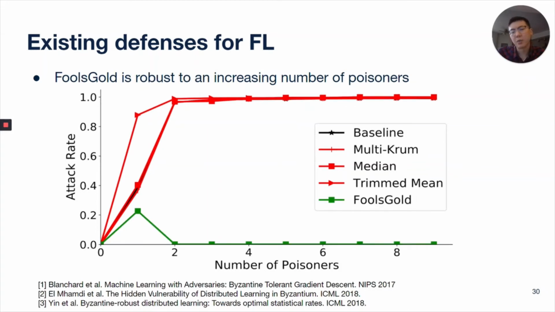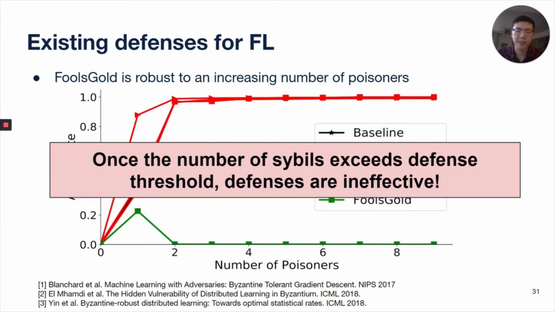Conversely, FoolsGold, which is designed with sybils in mind, does not have an explicit bound on the number of attackers, and thus is robust as the number of poisoners continues to increase in the system. Because the existing defenses require parameterization of the number of attackers, they are ineffective when sybils are considered.